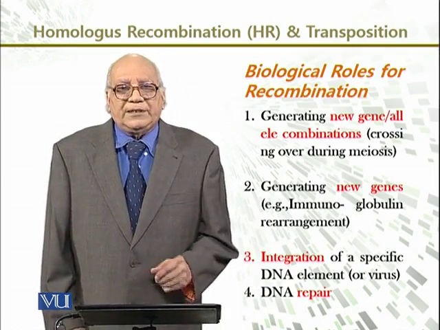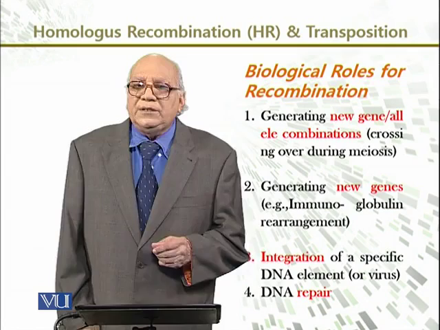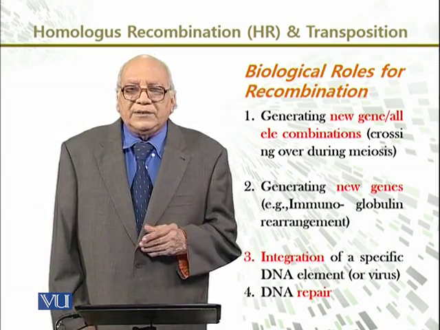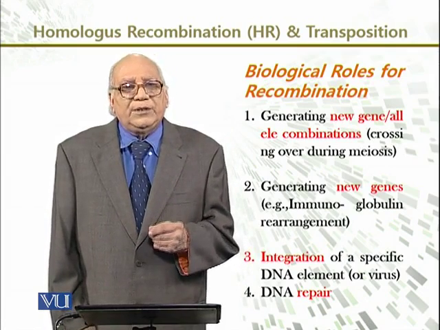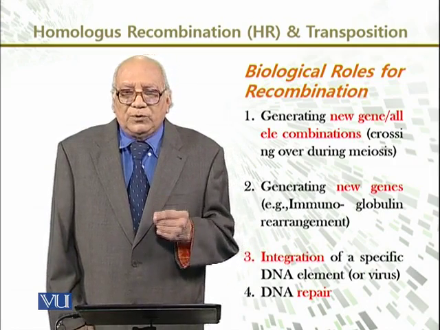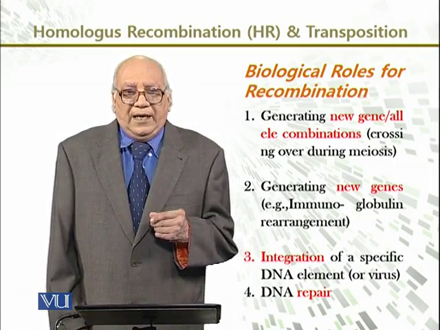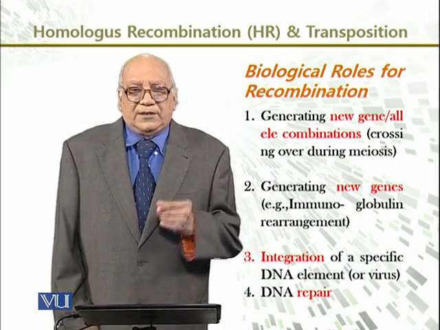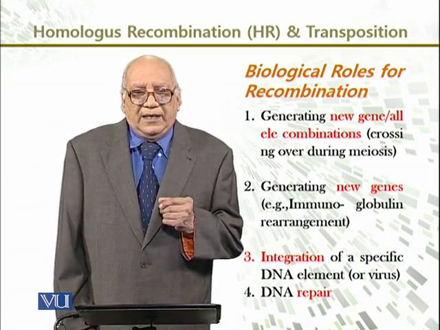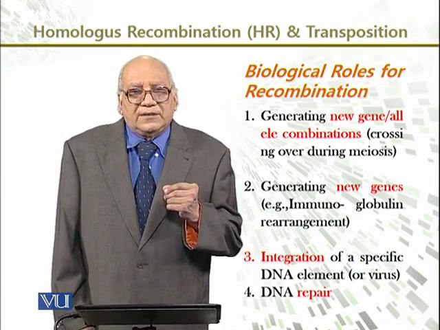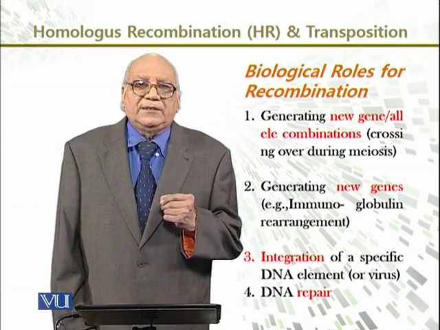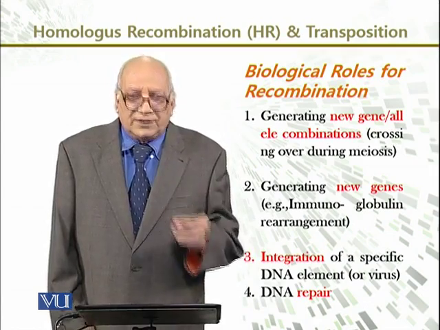Biological roles of recombination are generating new allele combinations, that is crossing over during meiosis, generating new genes from immunoglobulin rearrangement, integration of a specific DNA element for viruses, and last is DNA repair, which is an important and significant contribution of recombination.